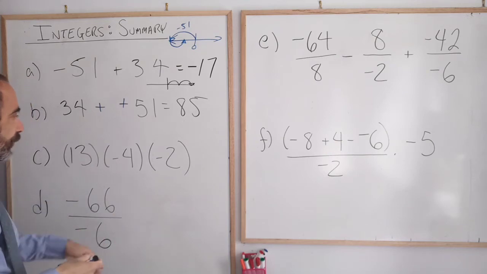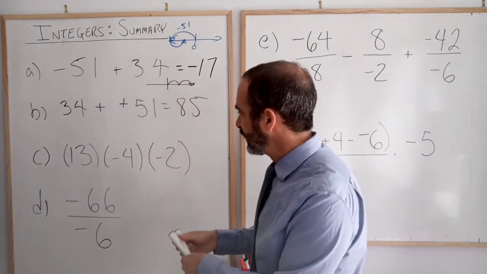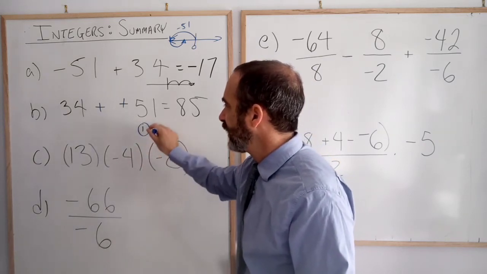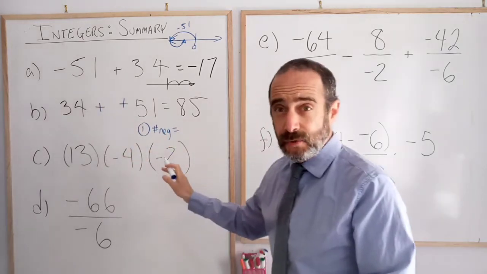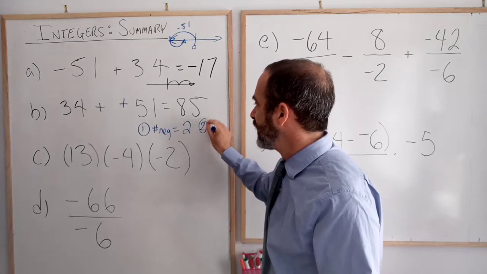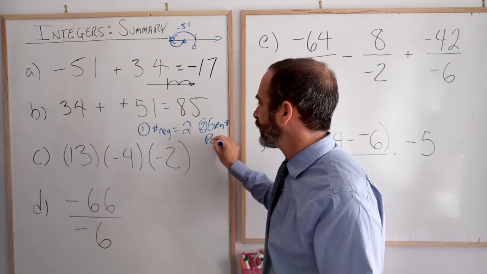And then multiplying and dividing. You'll remember if you're multiplying more than two numbers like this, the first thing to do is to think about how many negatives there are. In this case, there are two negative numbers. That's an even number of negatives, and if there's an even number of negatives, that means it's a positive result, right?